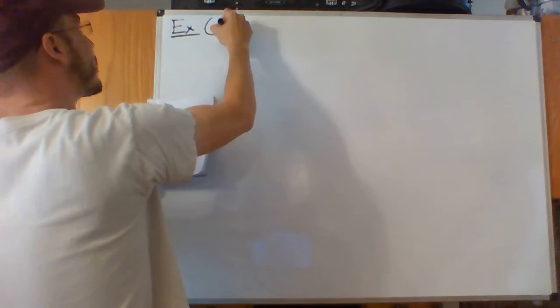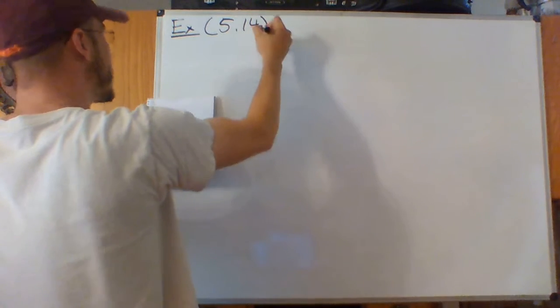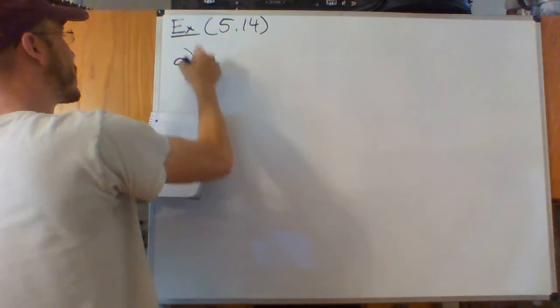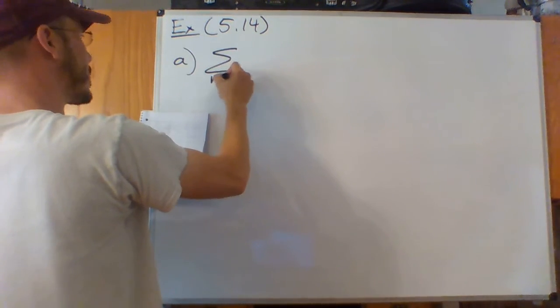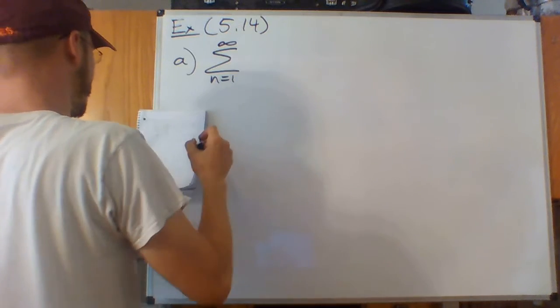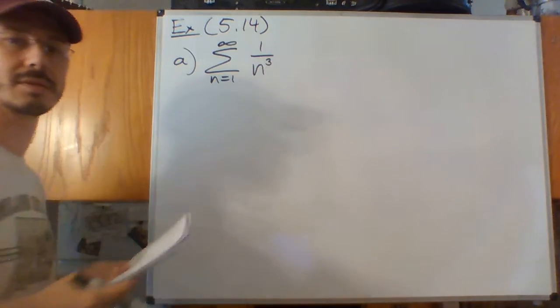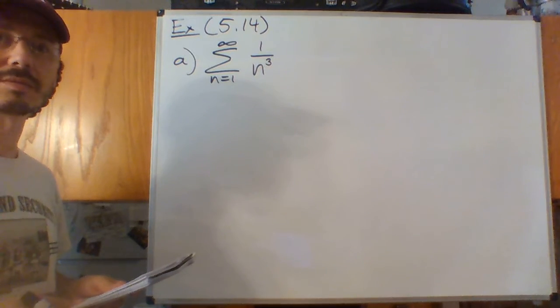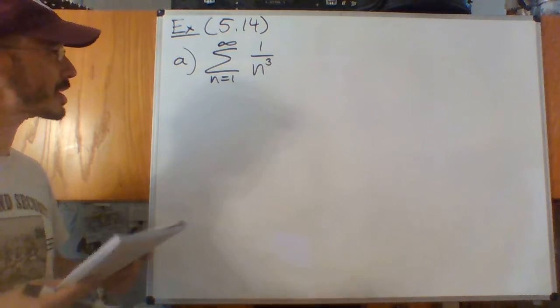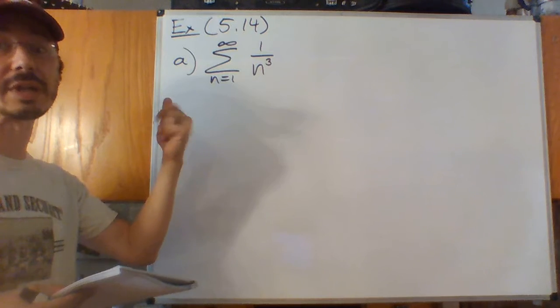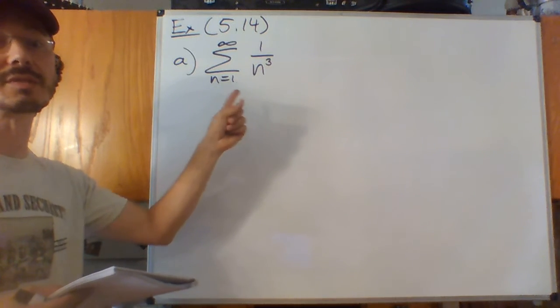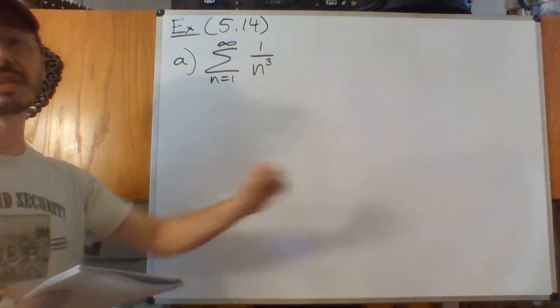Here's an example from 5.14 with the series, the sum of 1 over n cubed. We're actually going to see a very quick way to find the convergence of this at the end of the section.